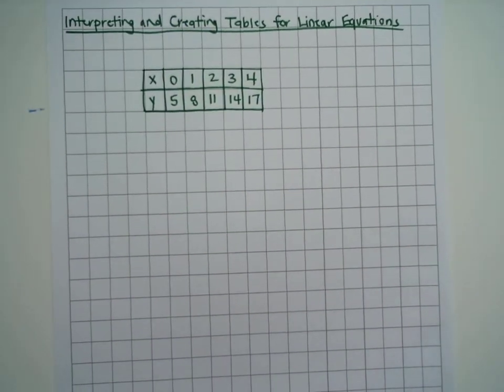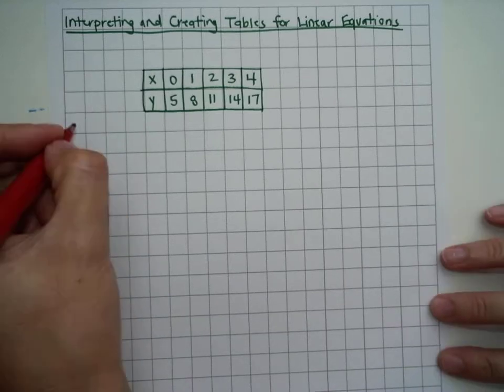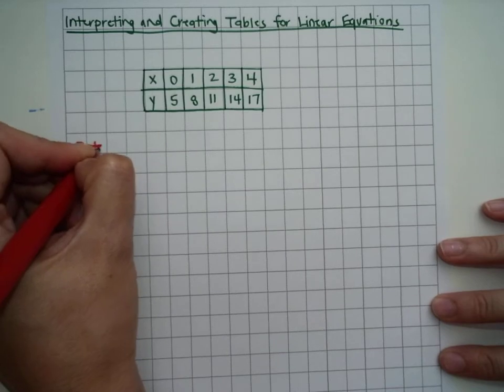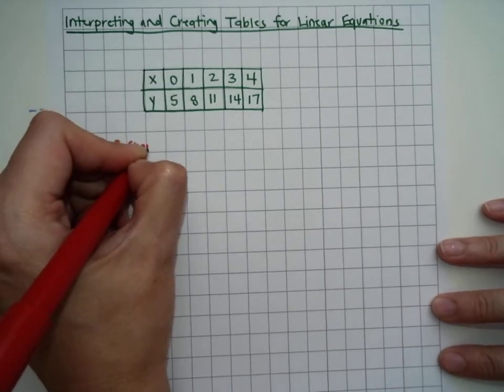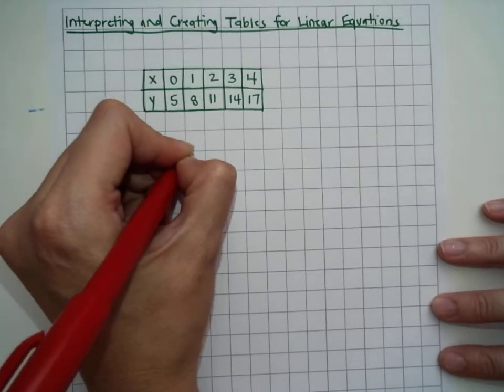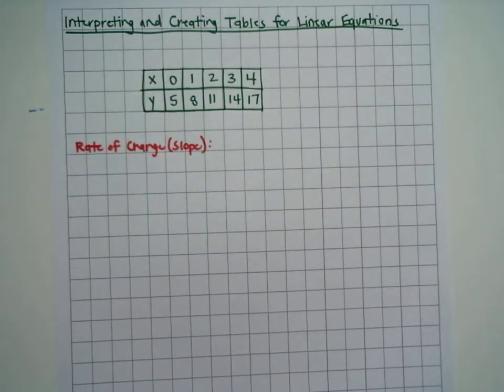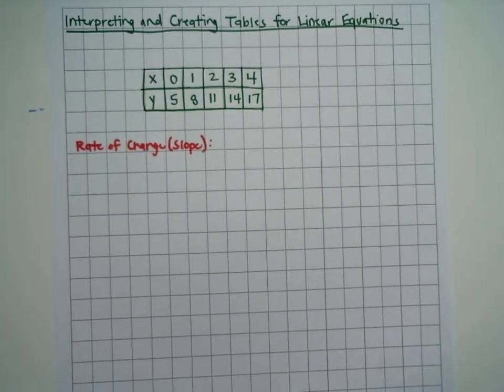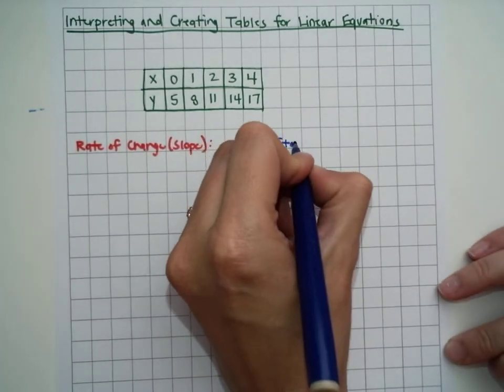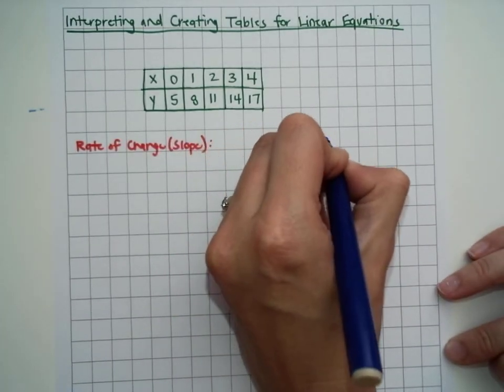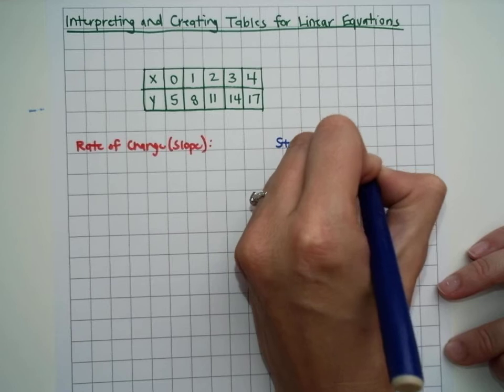Okay, so we're given this table and we're going to figure out all the important stuff that this table is telling us, like the rate of change, which is another name for slope, as well as the starting point, which is another name for your y-intercept.